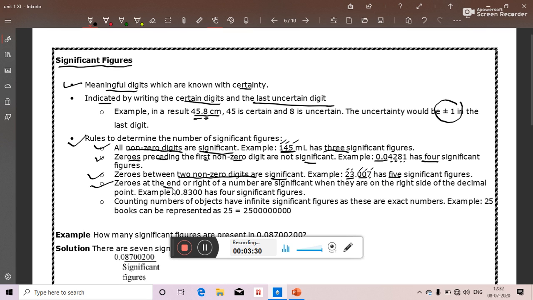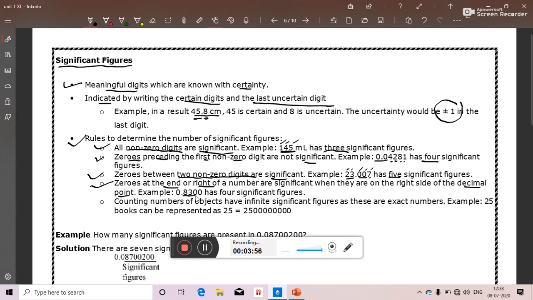Zeros at the end or right hand side of the non-zero digits are not significant. But if they are along with a decimal point, then they are significant. For example, here 0.8300 is there. Now this 0 is before the non-zero digit, so we don't have to count it.